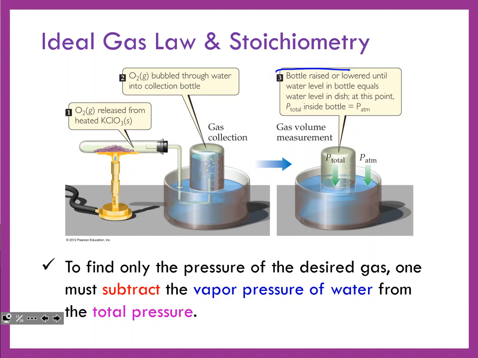Then you take the reading of the atmospheric pressure, but that's still the total pressure of the gas plus the water vapor. So you do have to subtract out the vapor pressure of the water before you can use it in your PV equals nRT. Key thing when you collect it over water: make sure you subtract out the water vapor to get the gas pressure by itself without the water.